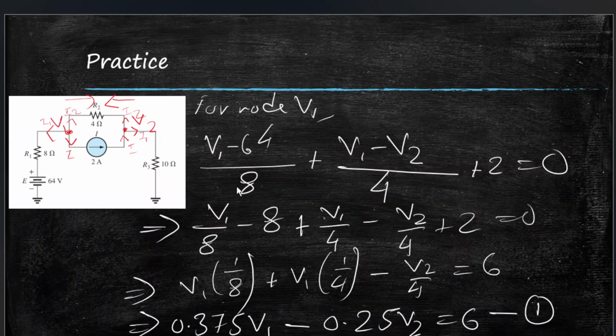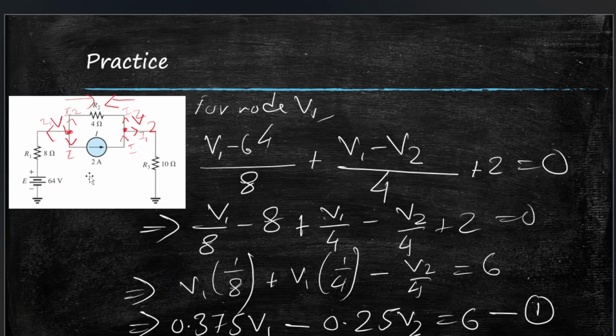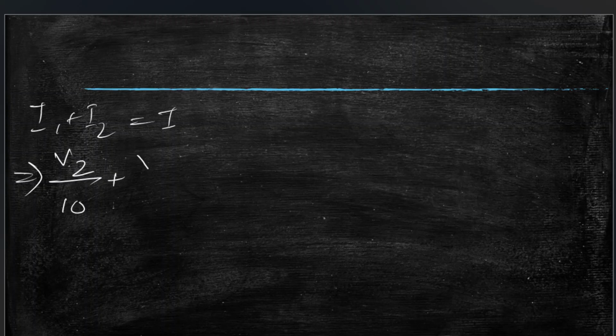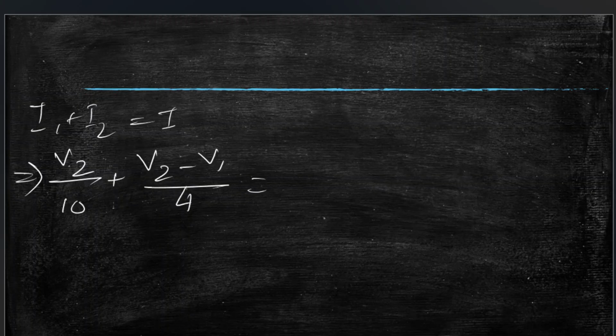I1 is V2 over 10, plus I2 is V2 minus V1 over 4, equal to I, which is just 2 amperes.